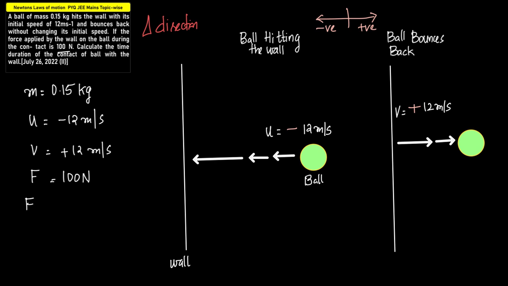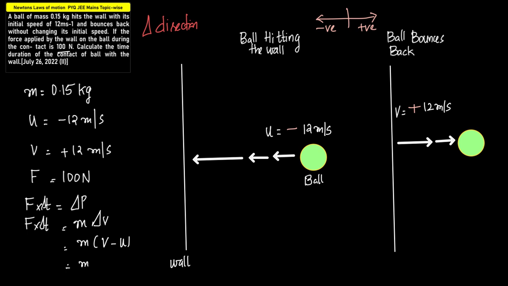Okay, and we know that force into time is change in momentum. So we can write that force into delta time, force into change in time is equal to change in momentum. Now what is change in momentum? Change in momentum is m into delta v, which is m into v minus u, final minus initial.